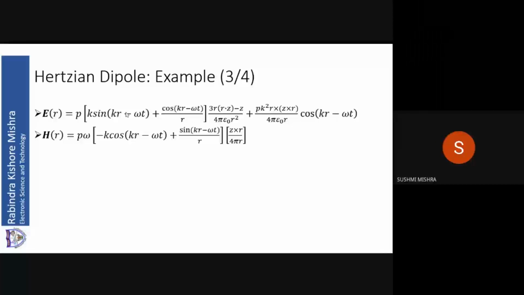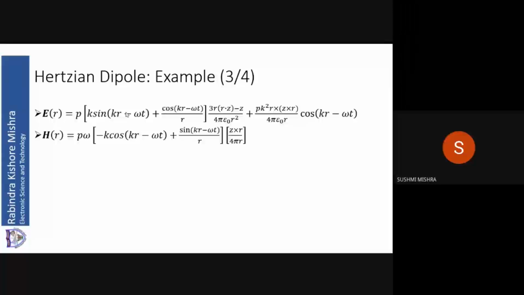Similarly, for H_r, we will get the same term, P omega, the first term and the second term. The last term is not there, but for the 1 by 4 pi epsilon 0 r square term, we have z cap cross r cap upon 4 pi r. So now we found out the E field and H field.